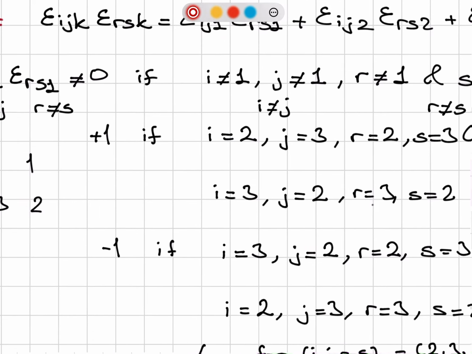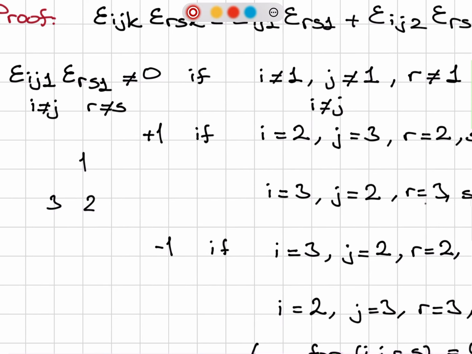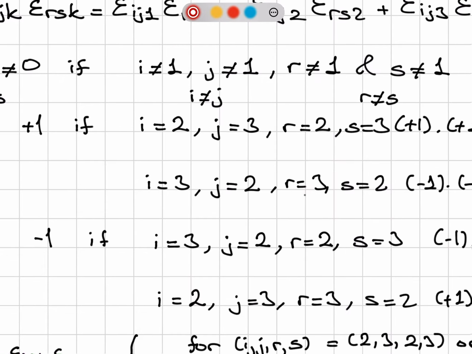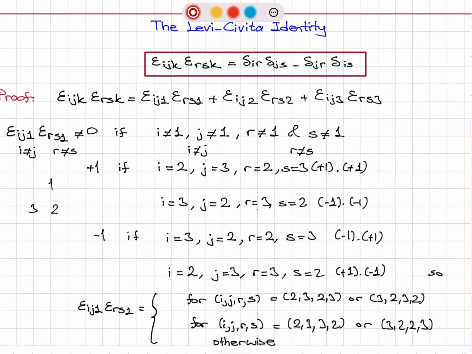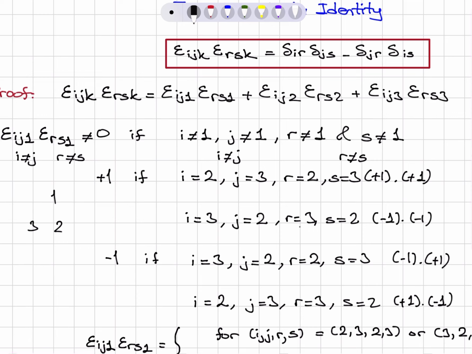But if r is 3 and s is equal to 2, then I have 3, 2, 1, which is a minus 1. So plus 1 times minus 1 gives me a minus 1. So I've considered the cyclic permutations of 1, 2, 3, and this is the positive direction, I remember.